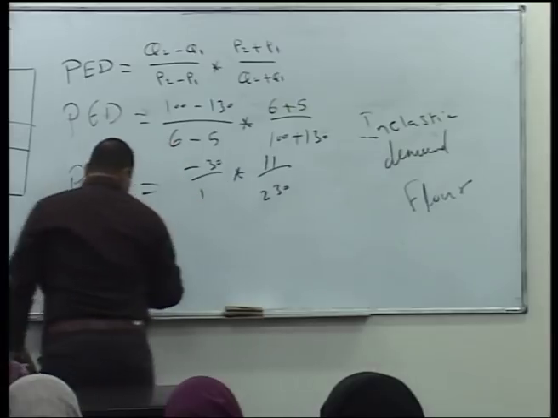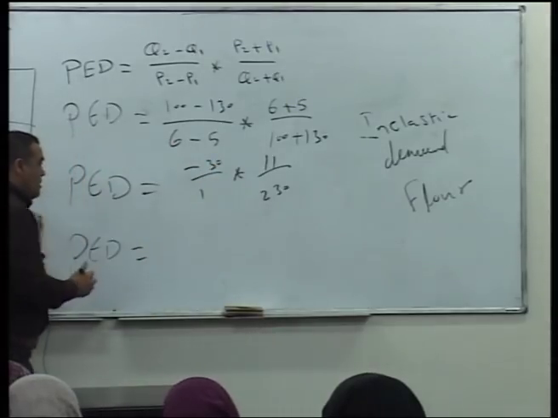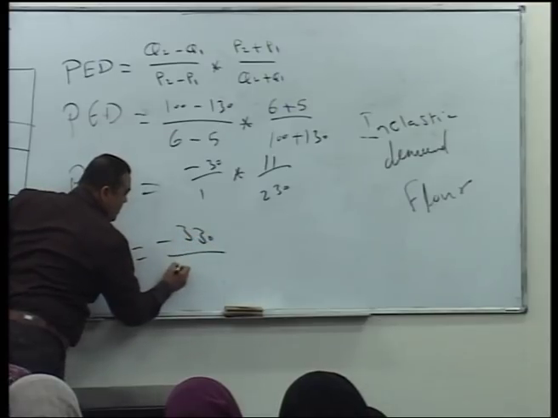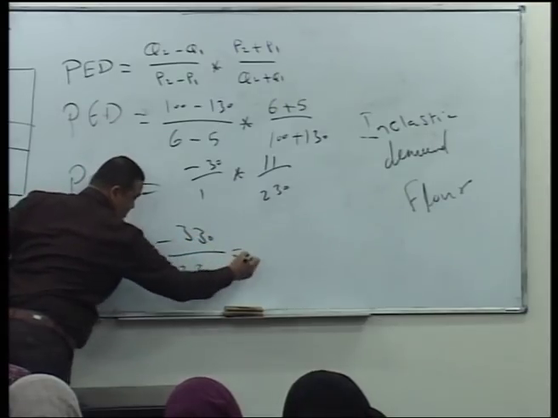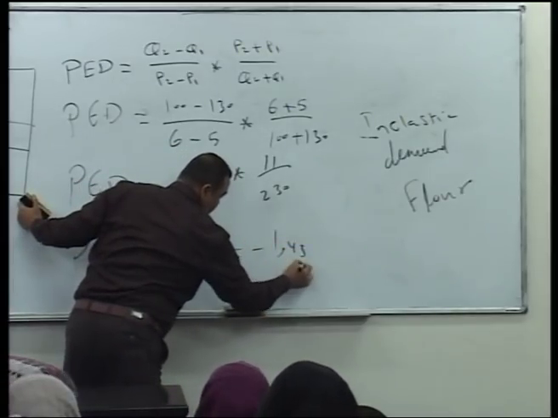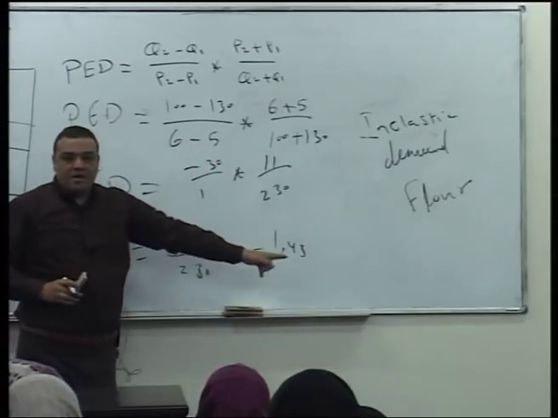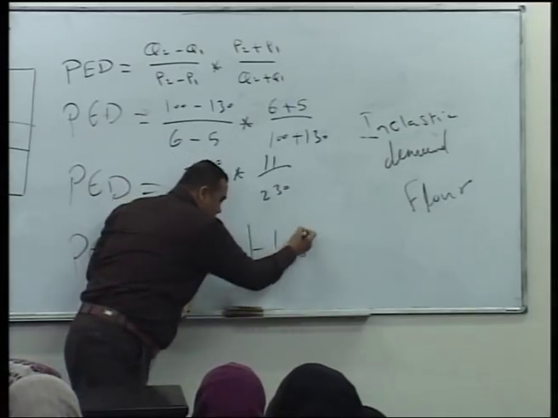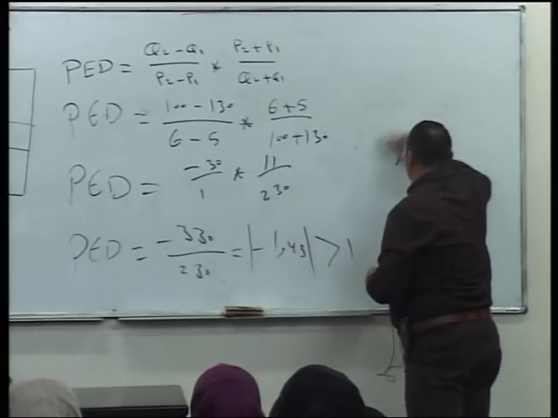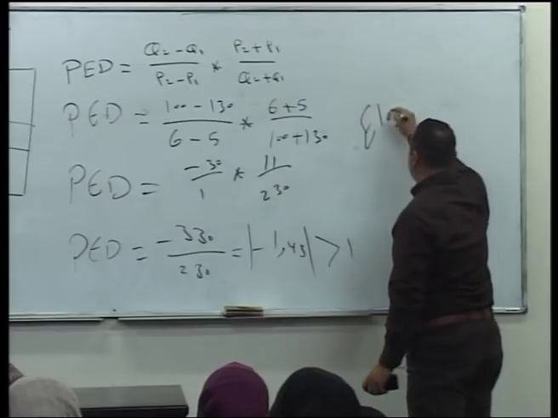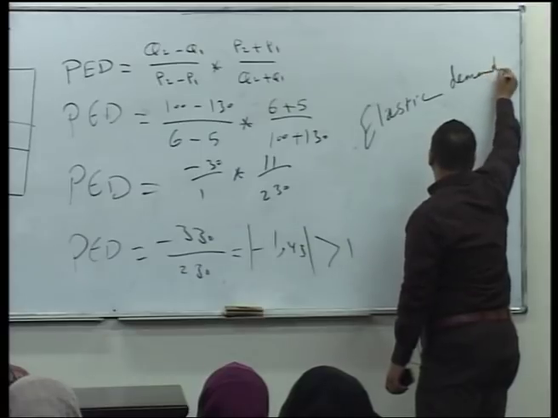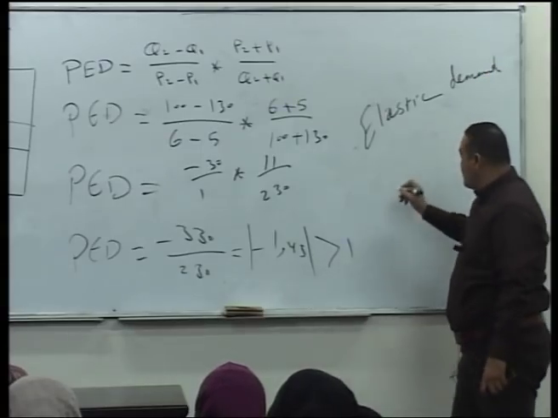So PED equals minus 330 over 230. How much is it? It's bigger than 1. Minus 1.43. The absolute value is bigger than 1, so the demand is elastic. So here the demand is elastic, like the demand for orange.